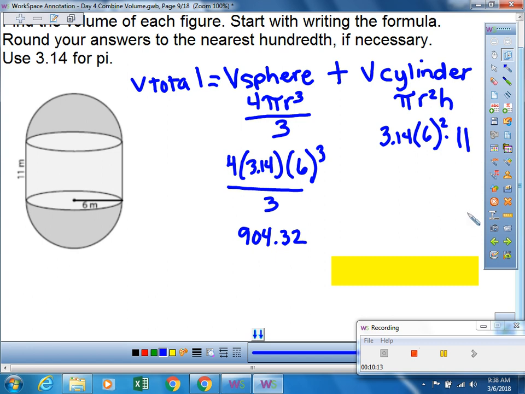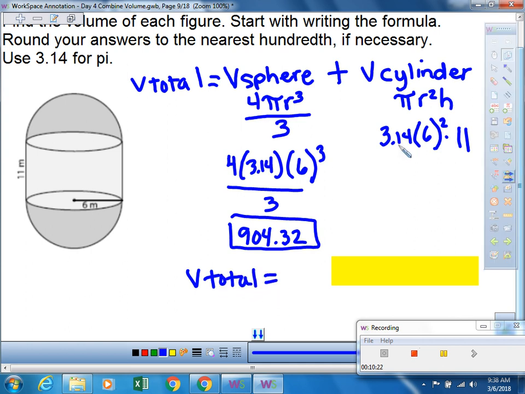So calculate that out. So 3.14 times 6 squared, or 36, times 11 is 1,243.44. Does everyone agree? Okay, so those are my two individual volumes.